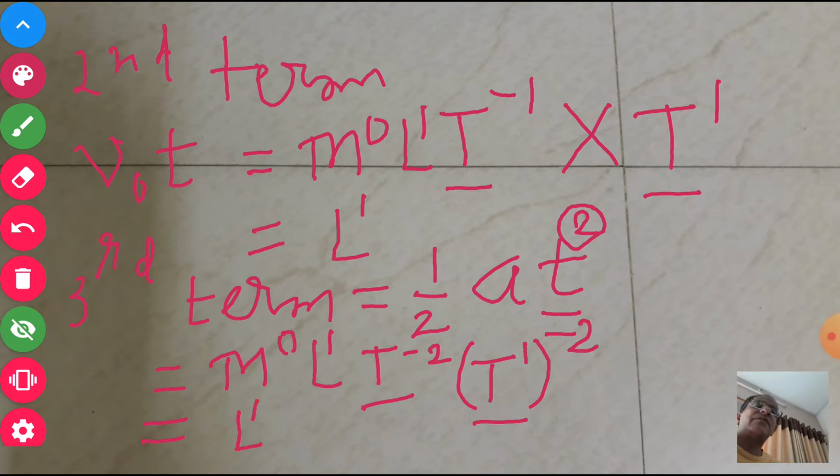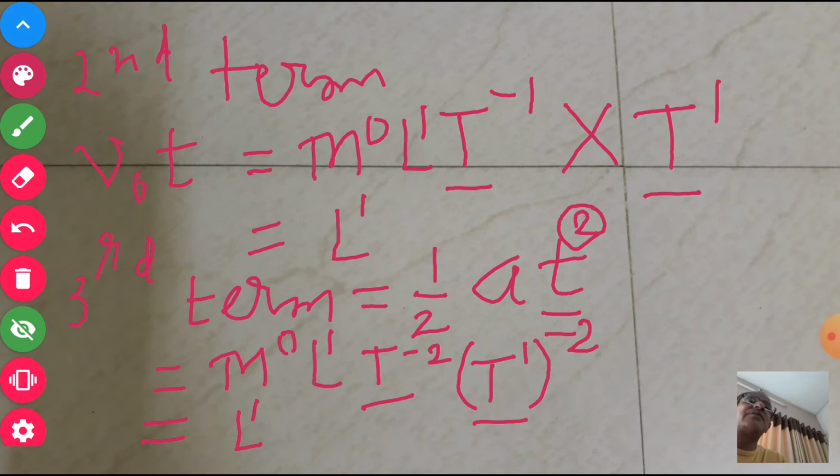So the dimensions of the first term, the second term and the third term on the right hand side are all the same, that is L1. The dimension of each and every term on the right hand side is L1, and the dimension of the left hand side is also L1. So the given formula x is equal to x0 plus v0t plus half at square is dimensionally valid, or dimensionally consistent.